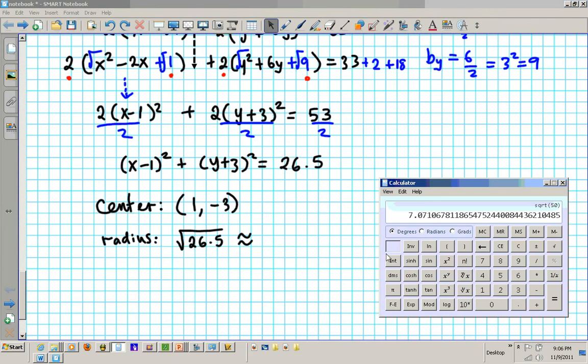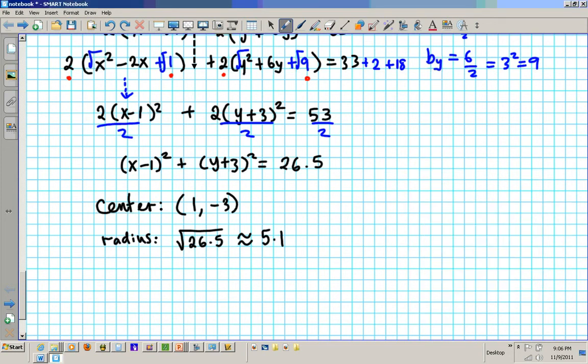Let's compute the square root of 26.5. 26.5 square root, 5.1. Let's just use 5.1, okay? So 5.1 in all directions, up, down, right, left. So there you go. Okay?